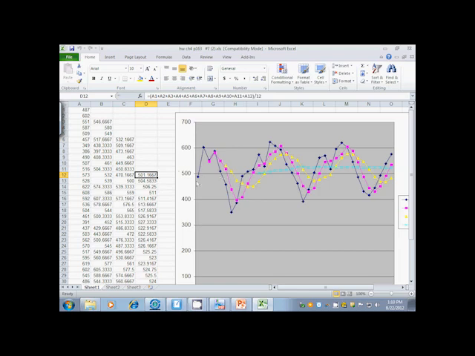When we look here, the blue dots are your original data. 3 months is in hot pink. Bright yellow is your 6 months, and your little turquoise with the X's on the line is your 12-month data. What's happening here?